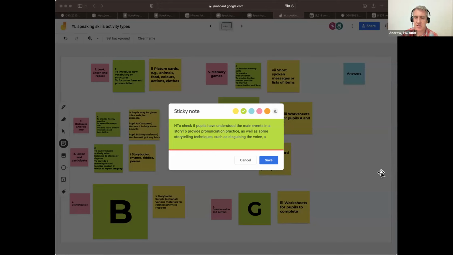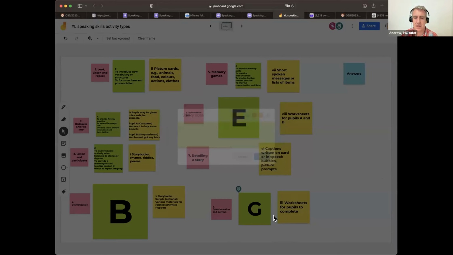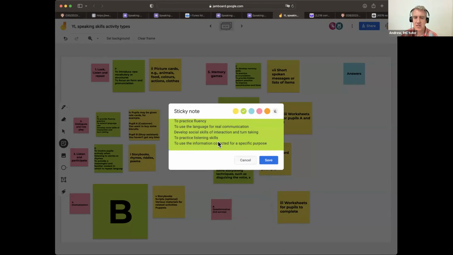Finally, questionnaires and surveys. Purpose: give students a chance to work independently of the teacher. So the teacher doesn't have to be doing everything in a speaking lesson. To practice fluency, to use the language for real communication, to develop social skills, and practice listening skills, because when you're doing a survey, you've got to listen to what the other person is saying, right?